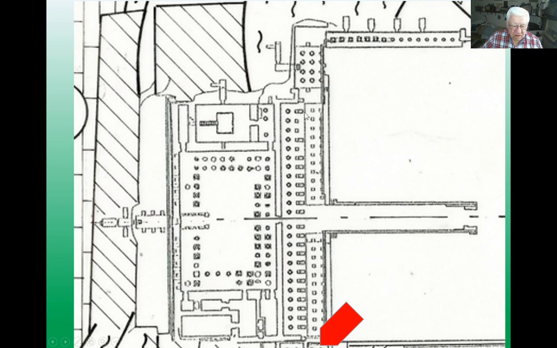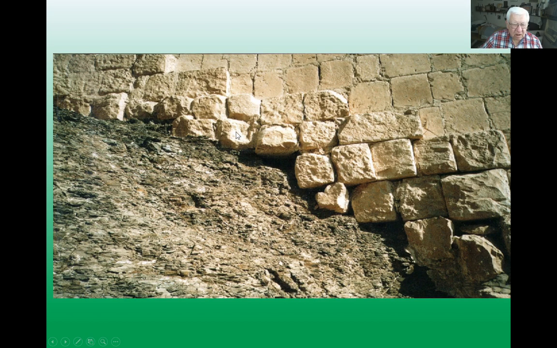But at some places there were Esna shales and the layer of limestone was eroded, as for example at this place, and part of the temple was built on the slope, exactly on top of the eroded top of the Esna shales.